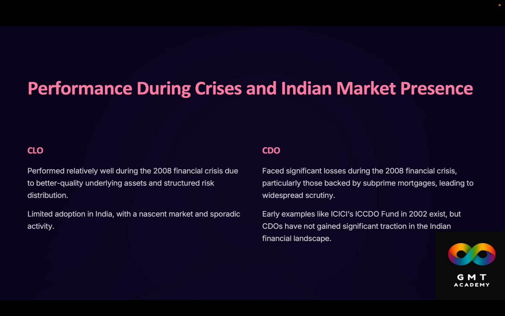But in CDO, sorry, I forgot to explain the CLO part. It has limited adoption with a nascent market. So what is a nascent market? A nascent market is a new market in the early stage of development. I give the example of Adani and Reliance, how they are investing in the early market.